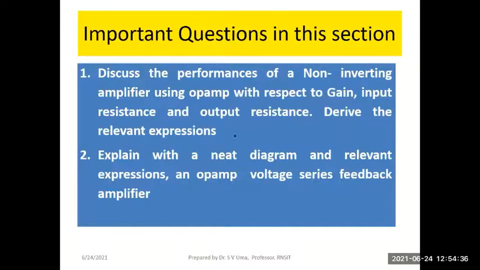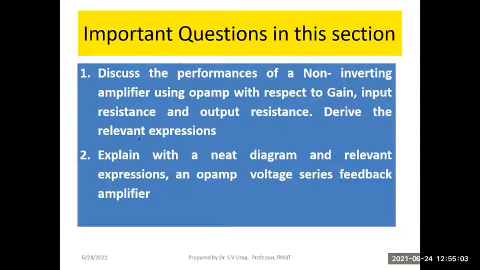I think when I send you the PPT, you can go through what kind of questions will be asked. Here: very quickly, discuss the performance of a non-inverting amplifier using op-amp with respect to gain, input resistance and output resistance. Derive all the relevant expressions. This can be asked for 7 to 10 marks max.